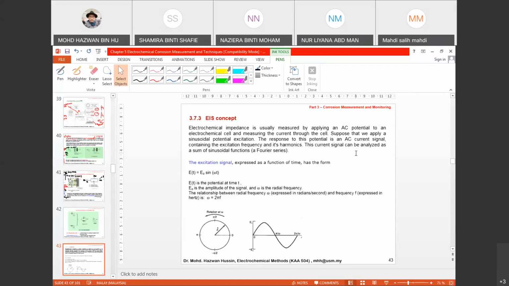Suppose that we apply a sinusoidal potential excitation. The response to this potential is an AC current signal containing the excitation frequency and its harmonics. Harmonics refers to the waveform. This current signal can be analyzed as a sum of sinusoidal functions.